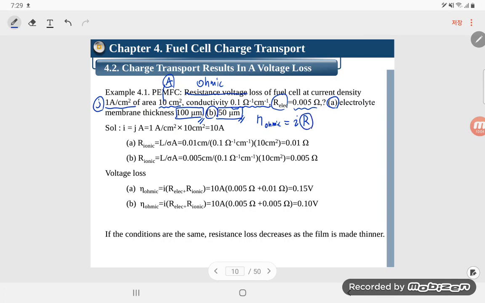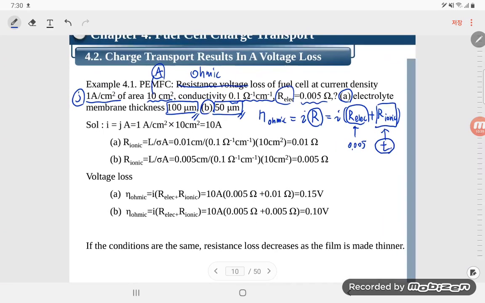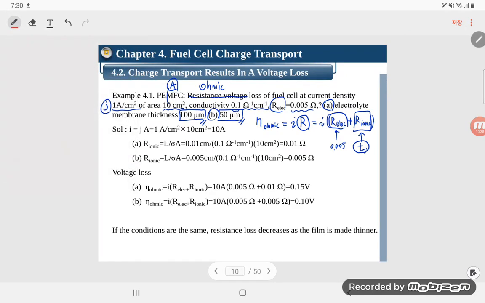Okay, overall resistance. And as I said, the R is composed of electrical and ionic resistance, and this value is fixed with 0.005 ohm, but this R ionic is dependent on the thickness of the membrane, and also as the current increases, the ohmic overpotential, ohmic loss, increases.